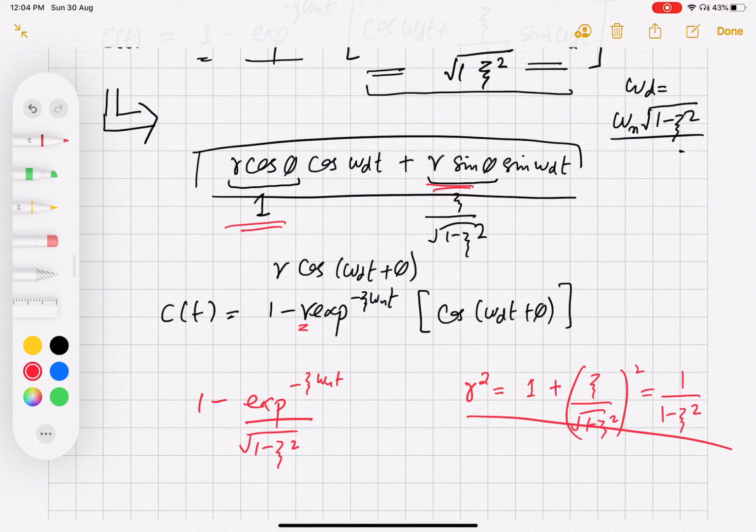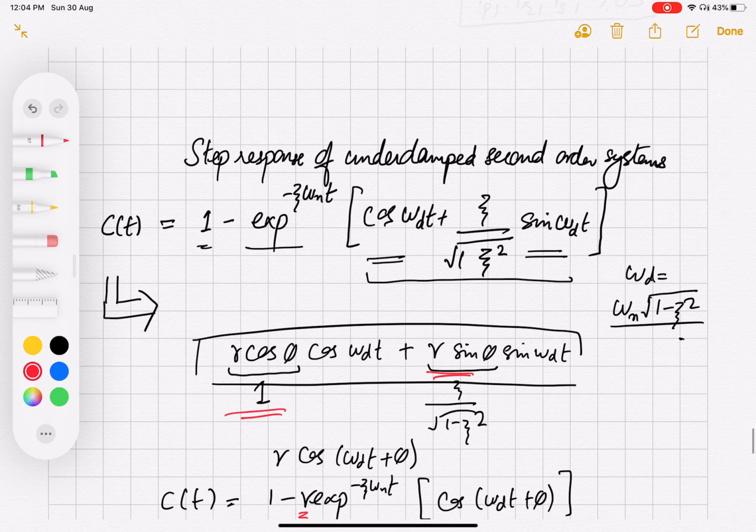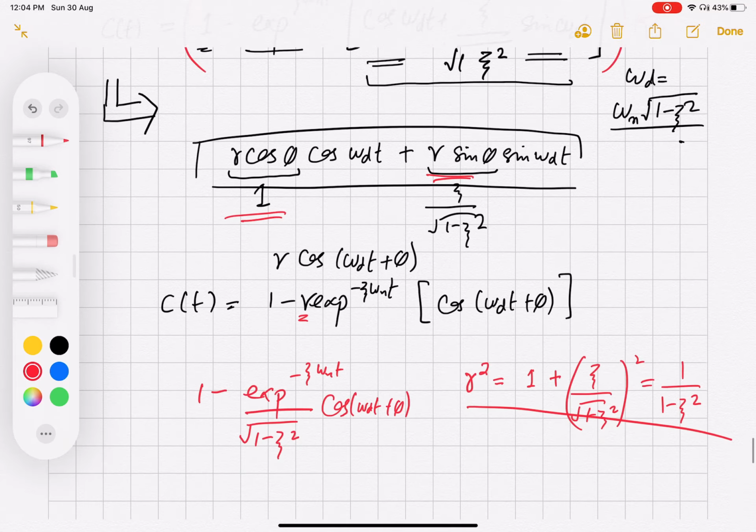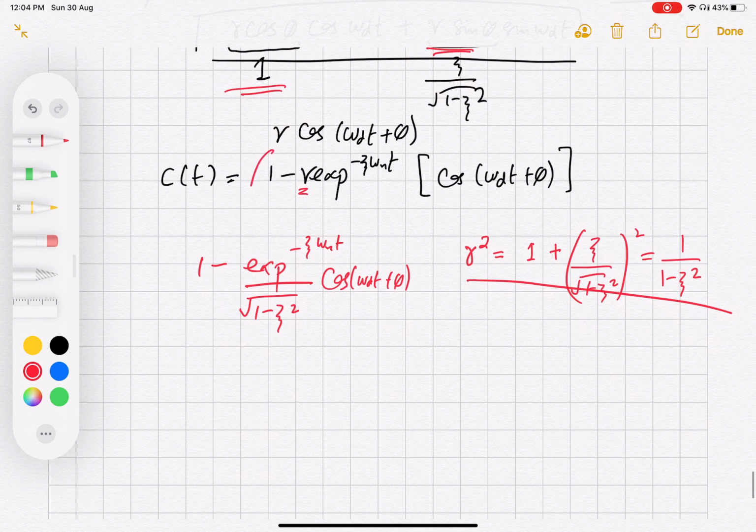Yeah, I forgot to write this k. Because the second order transfer function has a gain k, c(t) is equal to k times this expression.